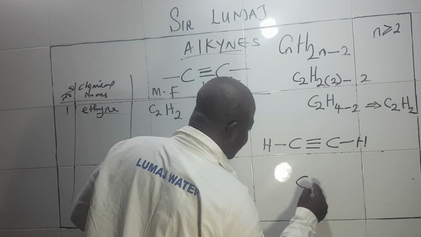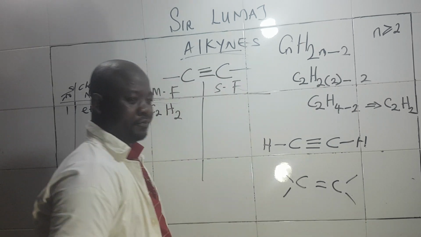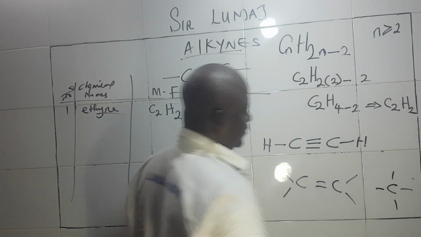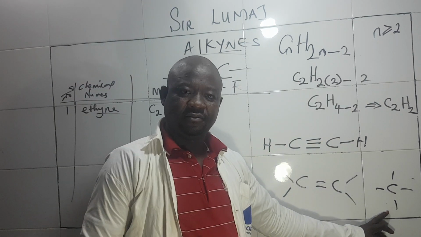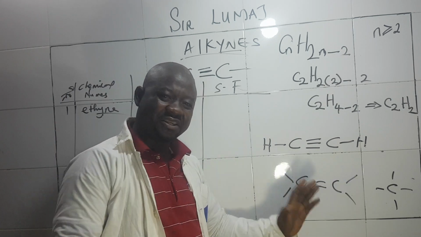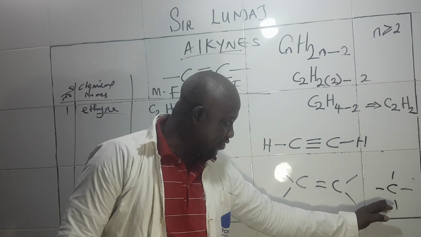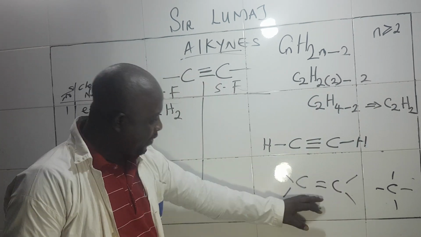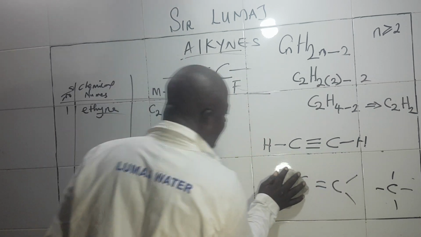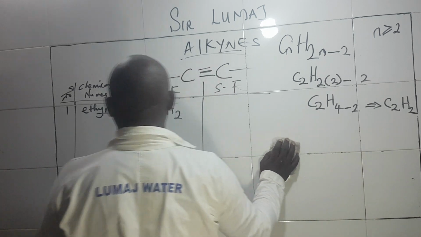If you remember the way I did my alkane, it is tetrahedral. So there is no magic. Just follow the principle. It's very simple. Alkanes are tetrahedral. Alkenes are planar. While your alkynes are straight or linear. So that's the structure of ethyne.